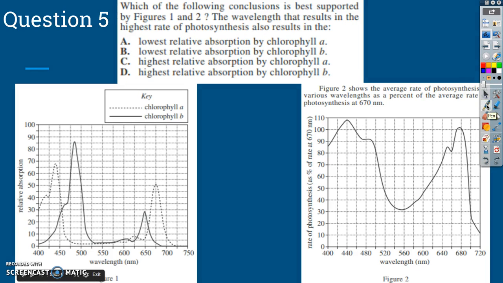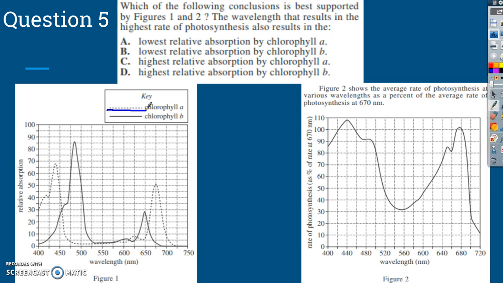We've got our two graphs again. We've got our chlorophyll A on the dotted line, we got our chlorophyll B on the solid line, and then we've got our figure 2, which has the percent of the average of the rate at 760 nanometers.